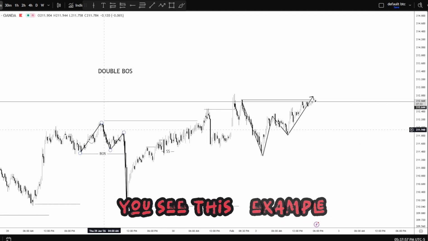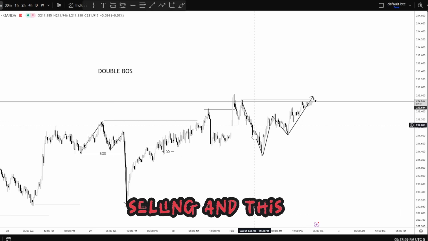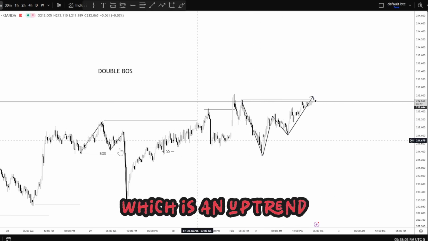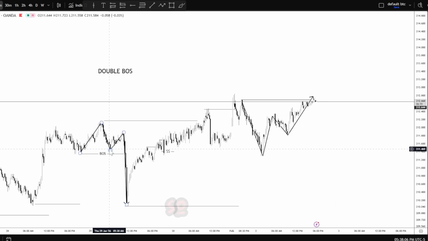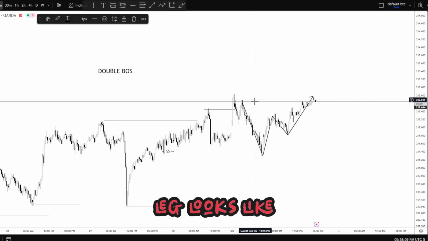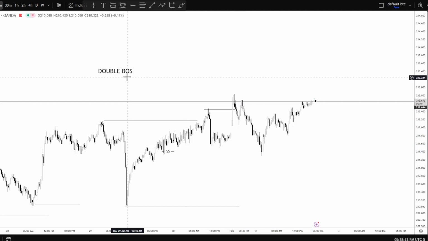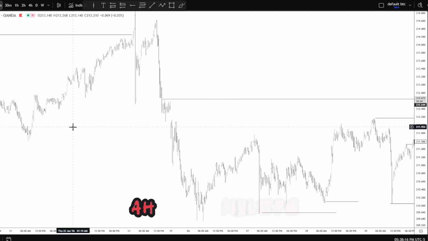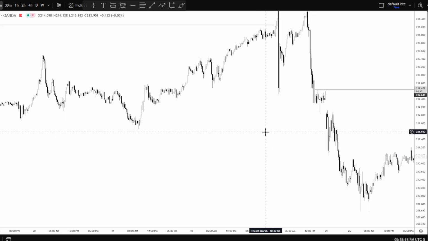You see this example, this is for the selling, and this is for the buying, which is the bullish, which is an uptrend, and this is the downtrend. So let me show you what the multiple leg looks like. Multiple leg here.